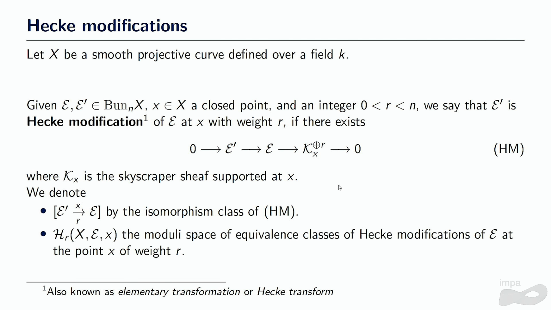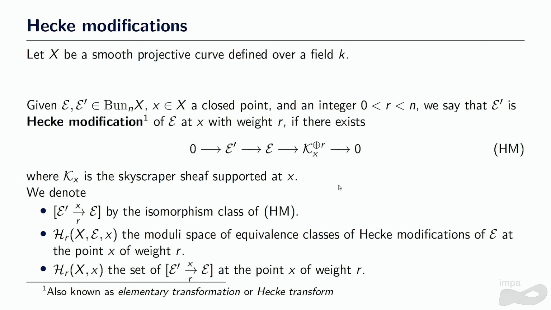By H_R^x(E), small x, I will denote the moduli space of Hecke modifications on a fixed vector bundle of weight R. And bar H_R^x, the set of all Hecke modifications. Here I want to maybe draw a connection between these.